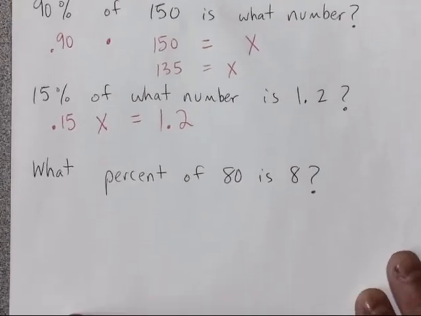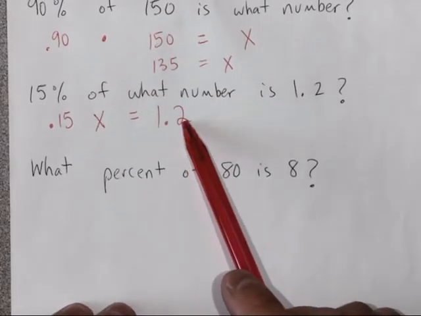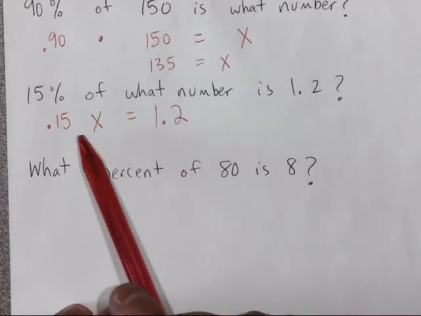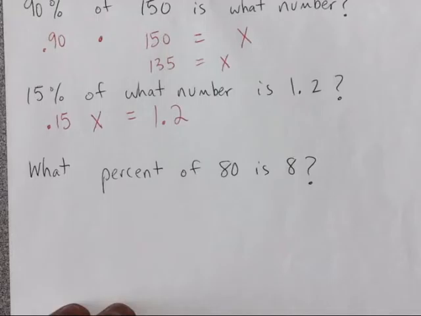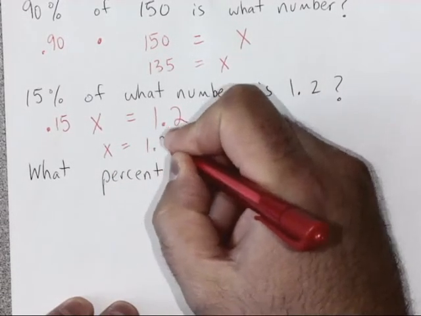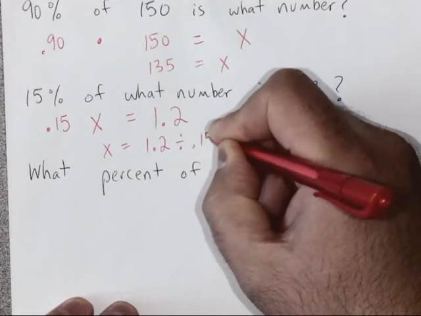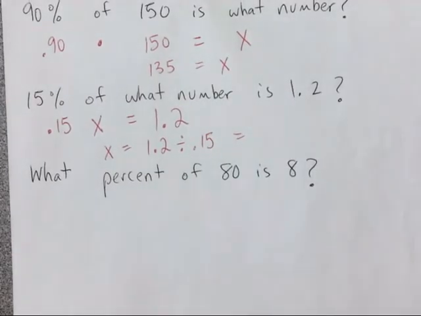And to do that, we want to divide the number opposite x by the number that's in front of x. So x is equal to 1.2 divided by 0.15, and we get 8.